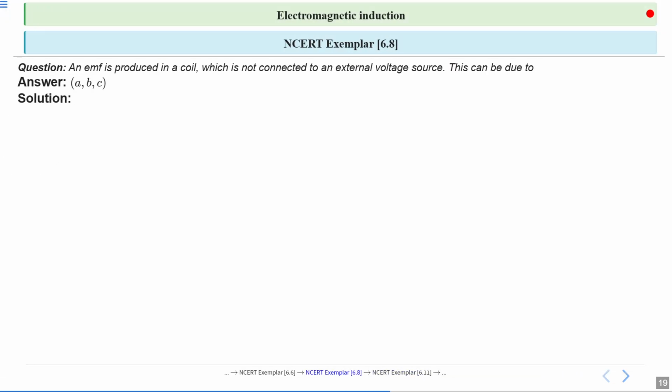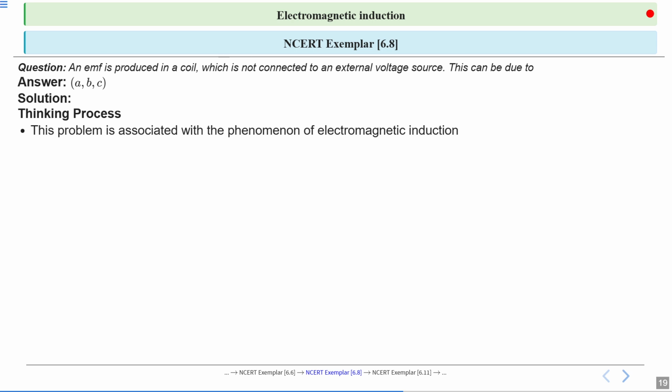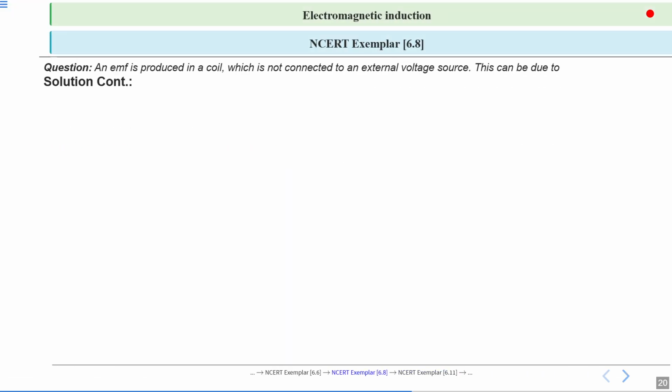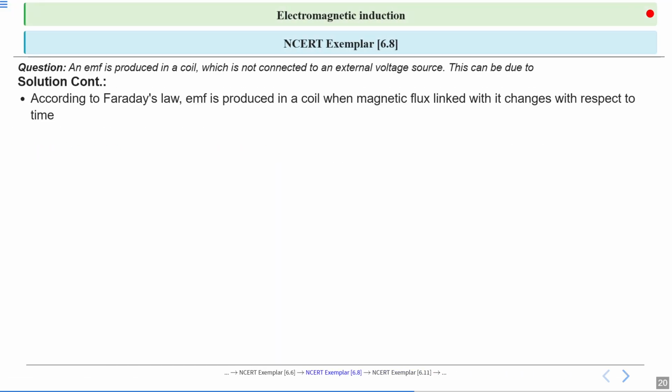So options A, B and C are the correct options. Let's see the thinking process. This problem is associated with the phenomenon of electromagnetic induction. According to Faraday's law, EMF is produced in the coil when the magnetic flux linked with it changes with respect to time.